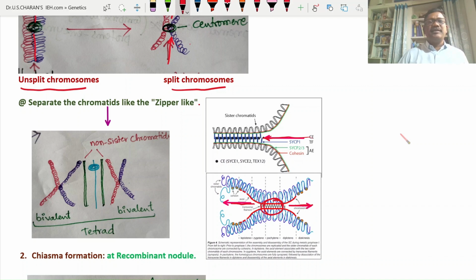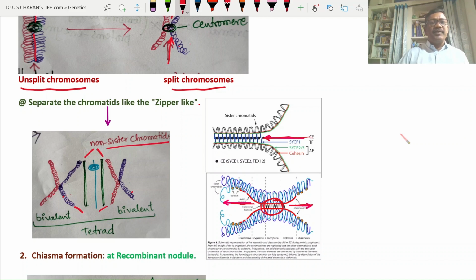As a result of this separation or doubling of chromosomes, two sister chromatids are formed. These two are the sister chromatids, but these two are called non-sister chromatids.